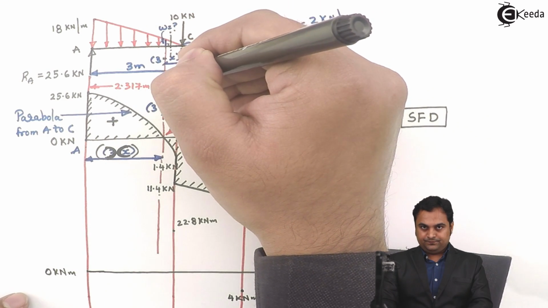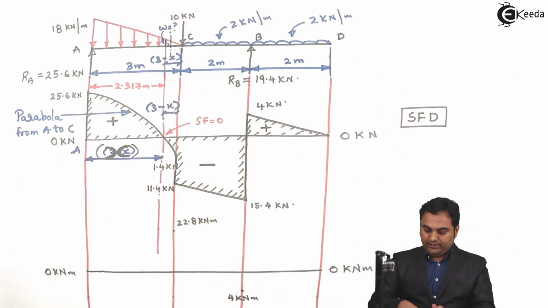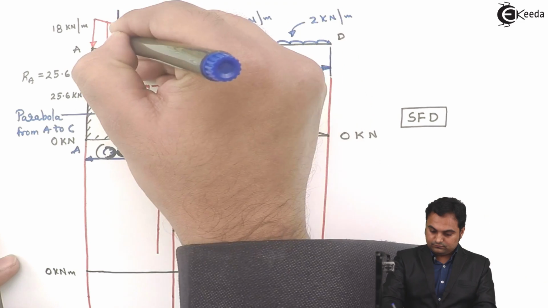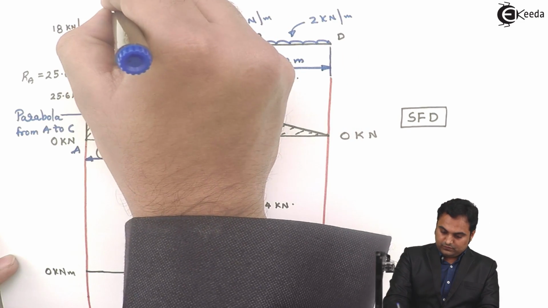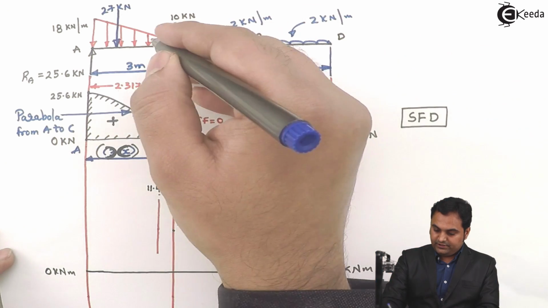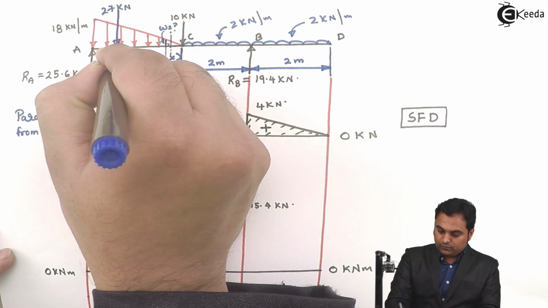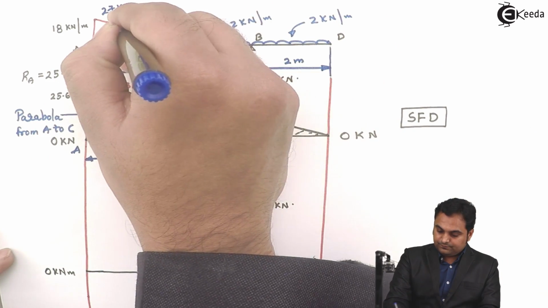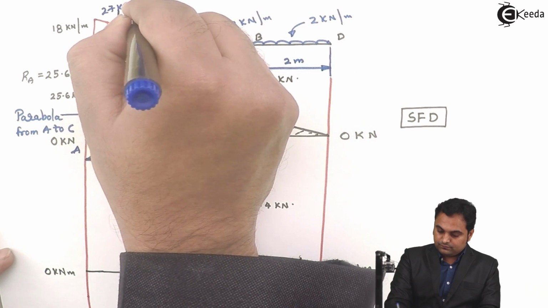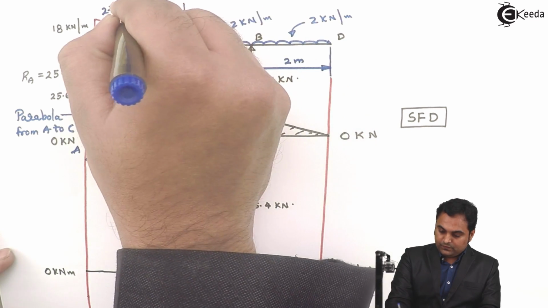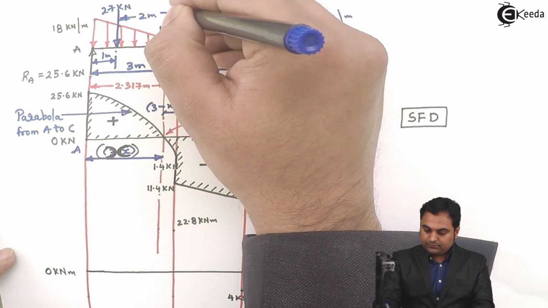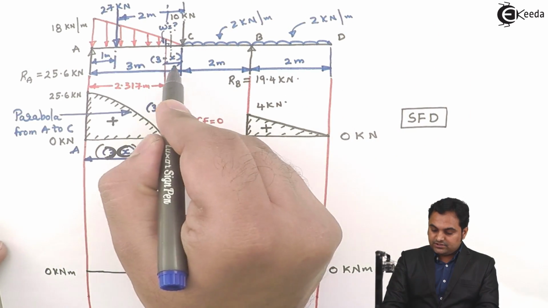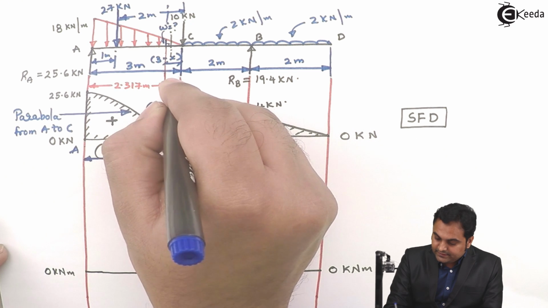now the distance, here I want from this section up to the load. The point load of the UVL, 27 kilonewton, is located at a distance of 1 meter from A and 2 meter from C. Now I want the distance from this section up to the load, so that will be 2 minus 0.683.